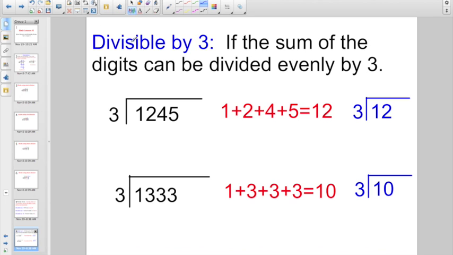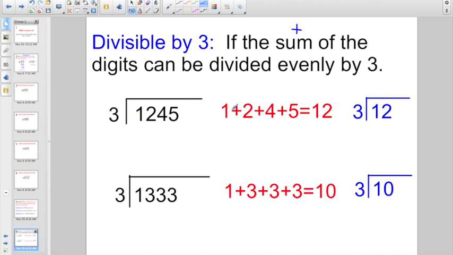Your divisibility rule for 3. A number is divisible by 3 if the sum, and sum means I'm adding, if the sum of the digits can be divided evenly by 3. So right now I'm trying to divide 1,245.